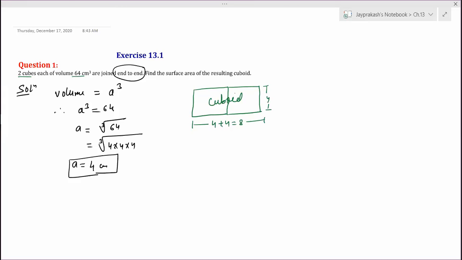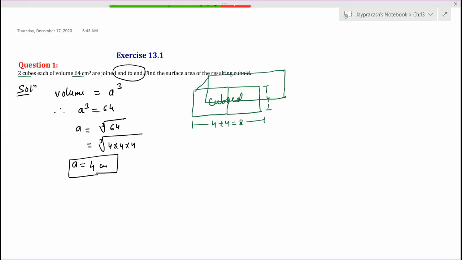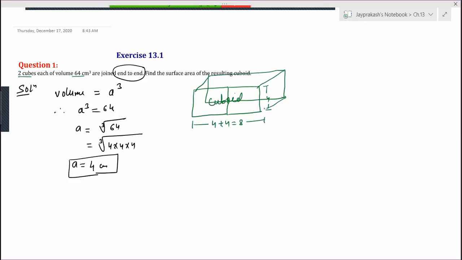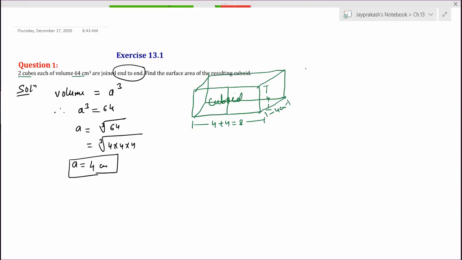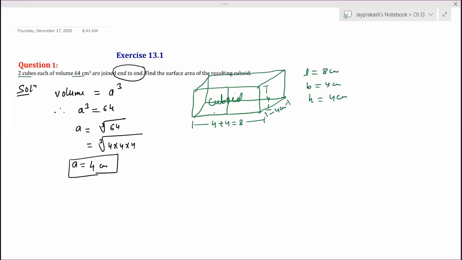And when we discuss the breadth, this is the cuboid, this breadth will again be 4 centimeter. So now we have length 8 centimeter, breadth 4, and height also 4 centimeter.